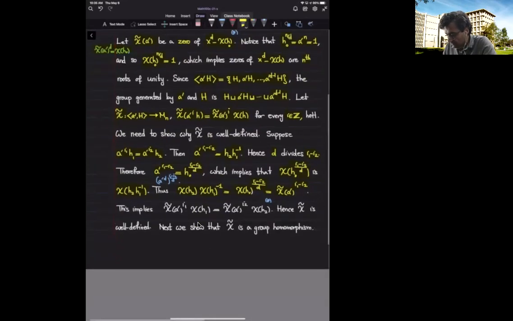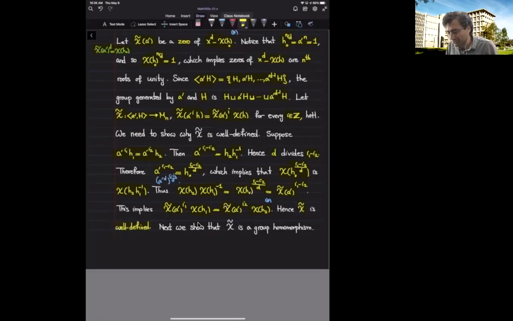That shows the product chi of H2 times chi of H1 inverse is the same as chi tilde of A prime raised to power I1 minus I2, which means that chi tilde of A prime raised to power I1 times chi of H1 is the same as chi tilde of A prime raised to power I2 times chi of H2. That's exactly saying that this is a well-defined function, because I chose two different ways of writing the same element and showed that the right-hand sides end up being the same. That means that chi tilde is well-defined.